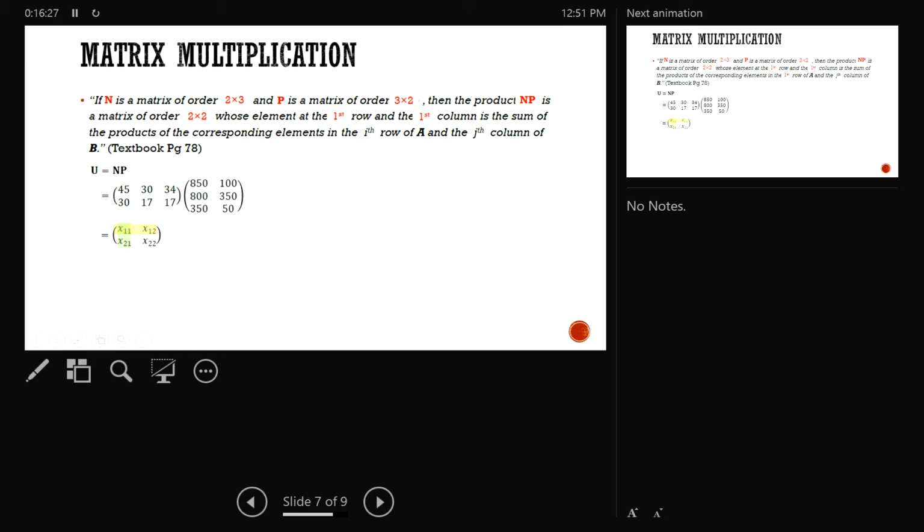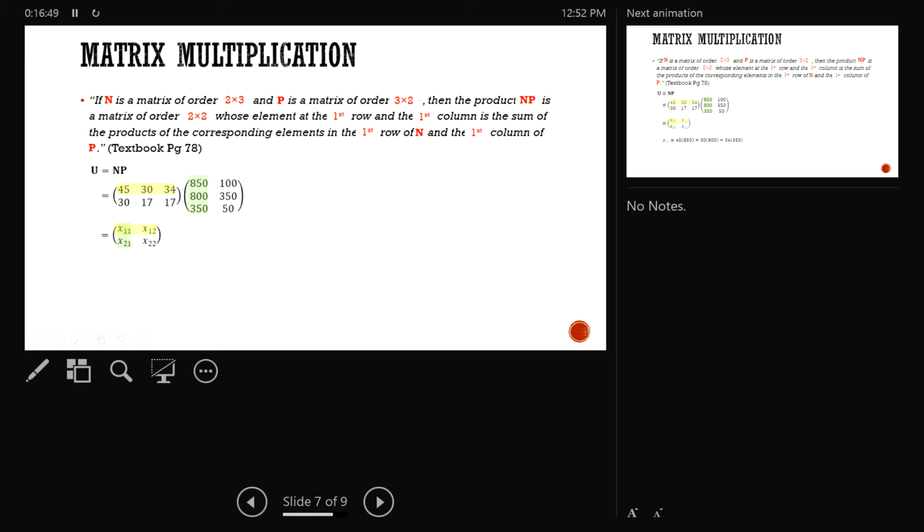It is found by the sum of the products of the corresponding elements in the i row of A, which is the first row of A over here, and the first column of B over here. This is what I was trying to tell you.